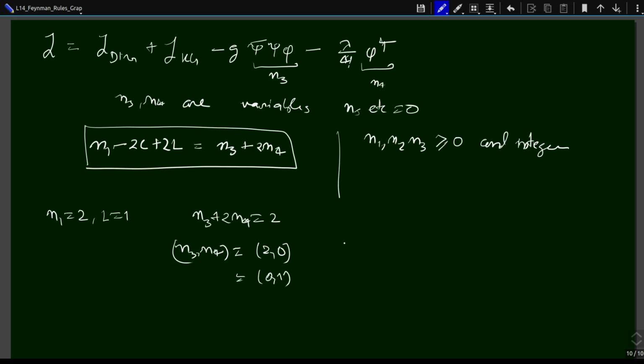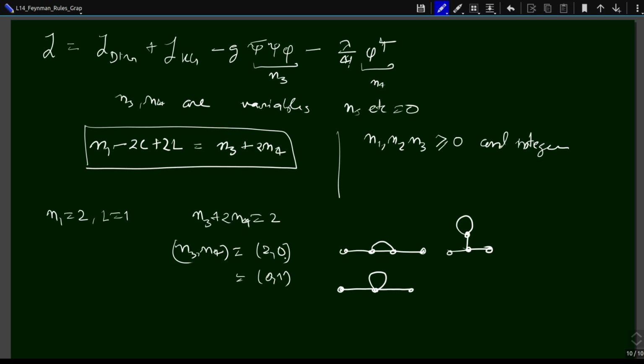So in the 2, 0 case, we know this is what we saw earlier. These are two one-loop diagrams which take 2 three-point vertices. How about this one? This is 1 four-point vertex. Still one loop, 2-point. Okay, so there are different ways.